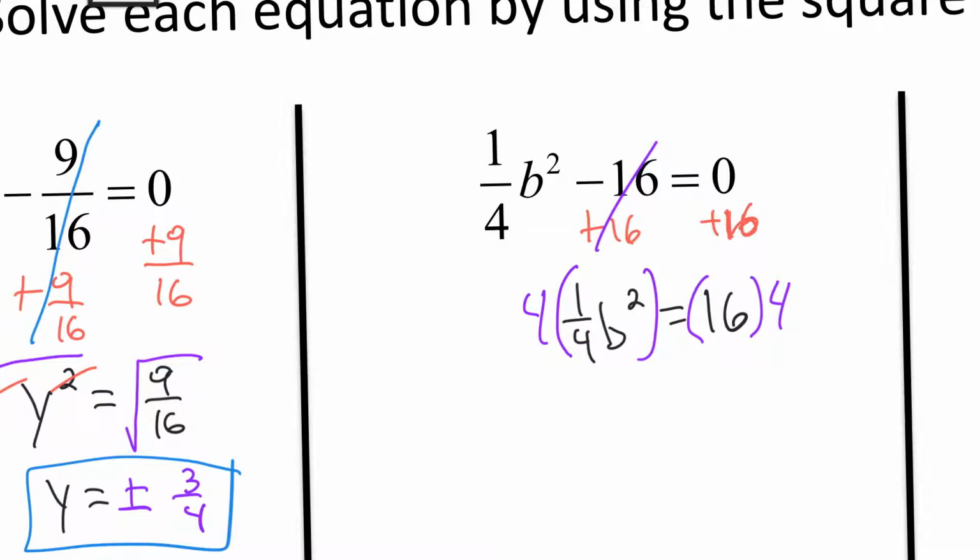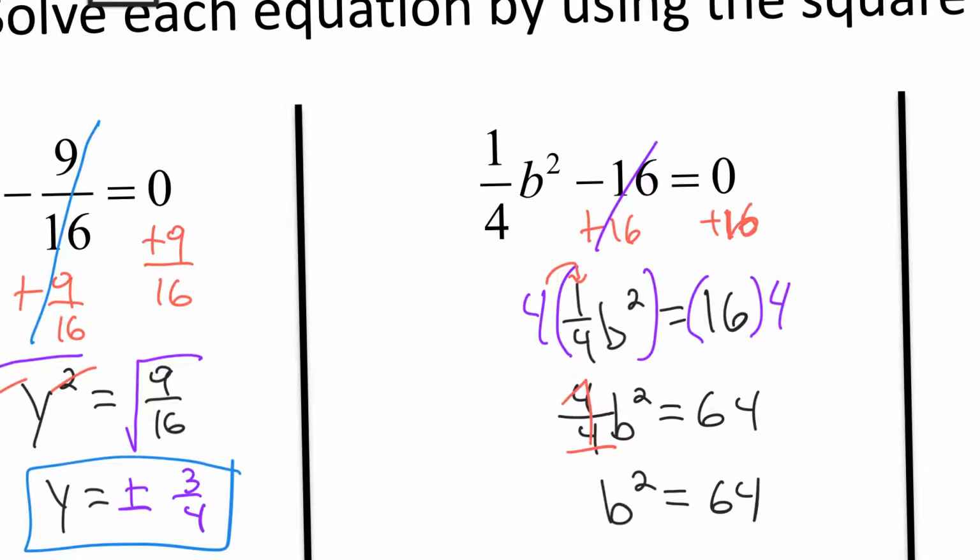So when I multiply 4 times 1, that's going to be 4. Keep the b squared, and 16 times 4 is going to be 64. Over here, 4 divided by 4 turns into 1. So we have b squared equals 64.